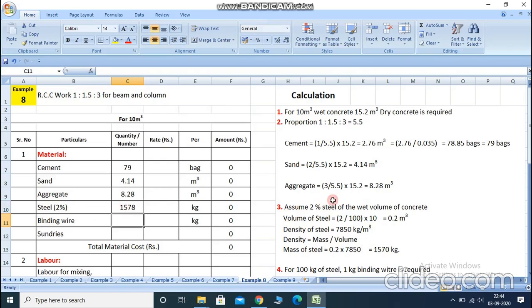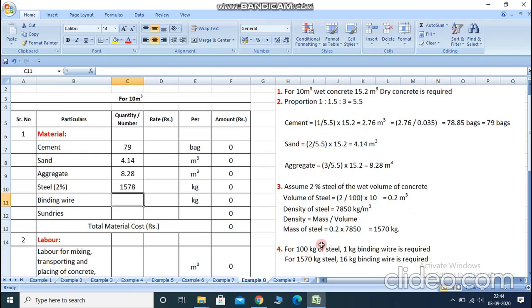Now next is the binding wire. For 100 kg of steel, 1 kg of binding wire is required. So for 1570 kg steel, 16 kg binding wire is required.